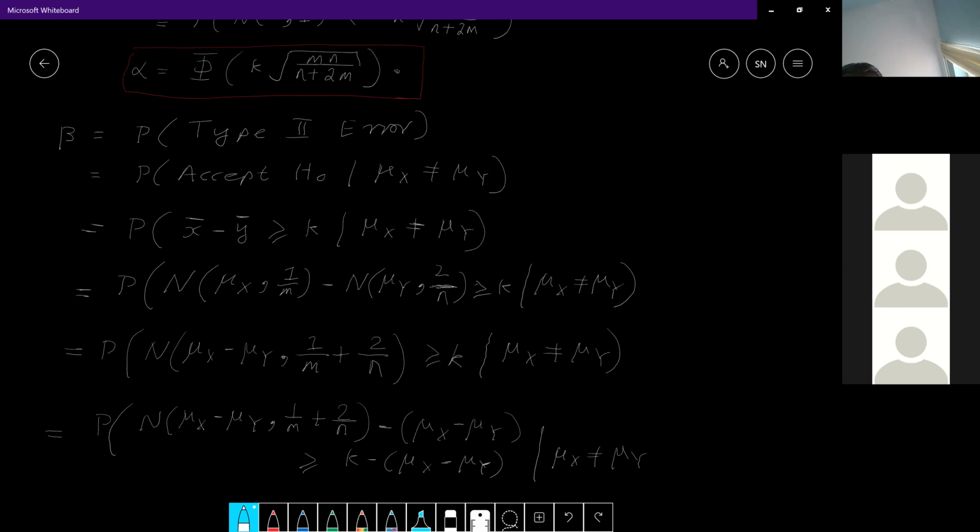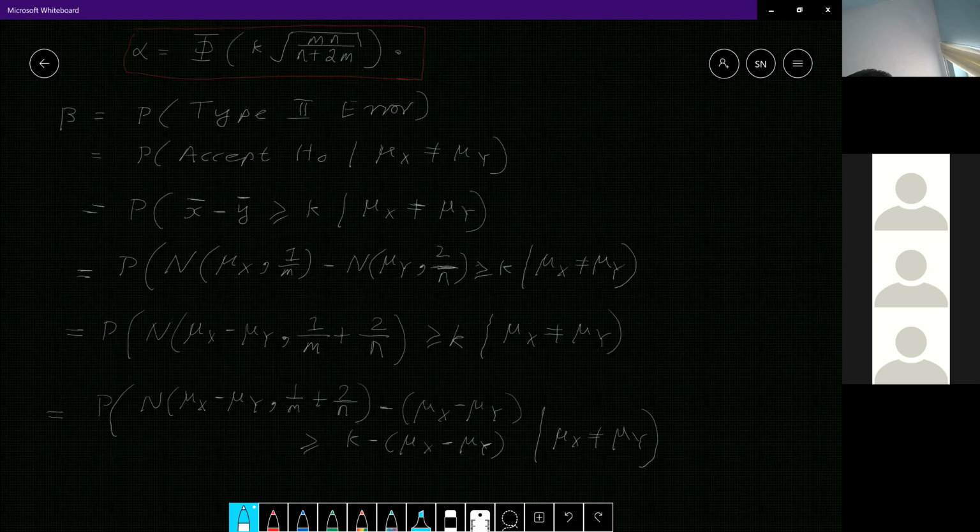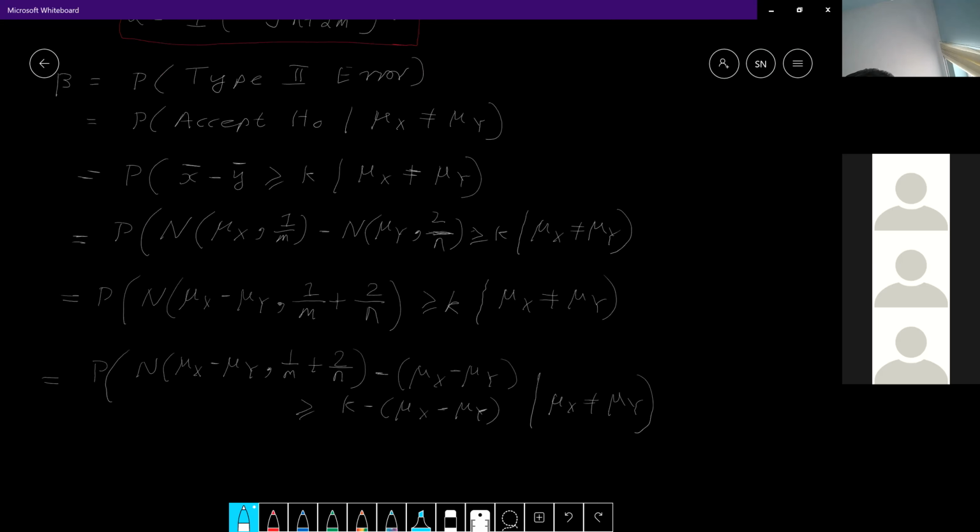Okay, so if you do this on the left hand side, you will get a normal variable with 0 mean and variance equal to this, greater than or equal to k minus mu x plus mu y.